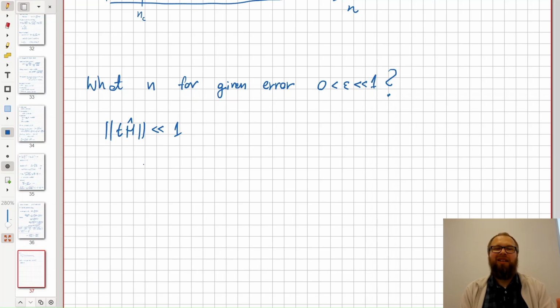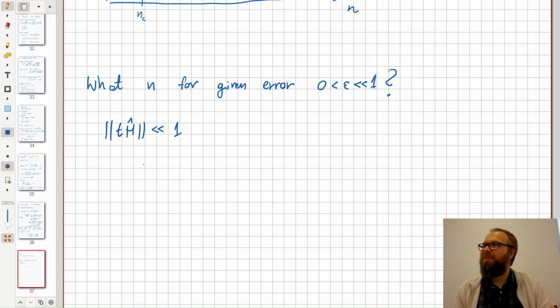If t is much smaller than 1, then already n equals 2 gives you an error of order 10%, I believe, because you have 6 factorial in the denominator and something very small to the power 3. You get something like this.